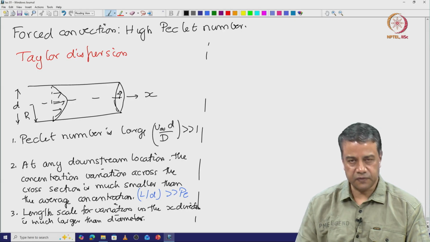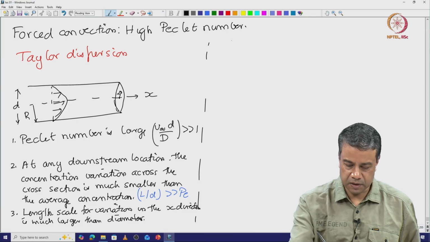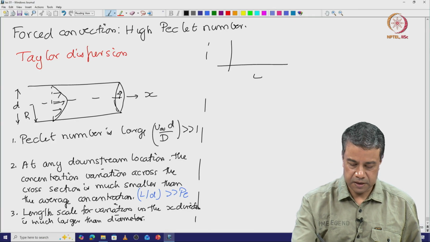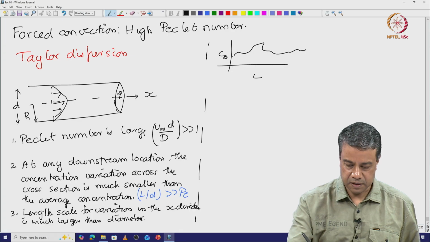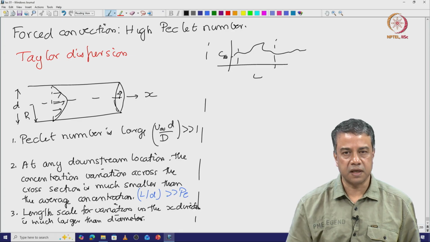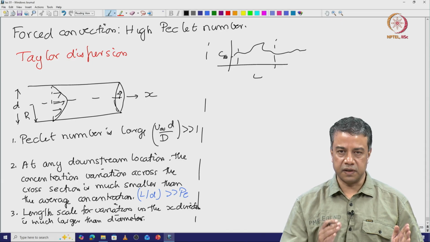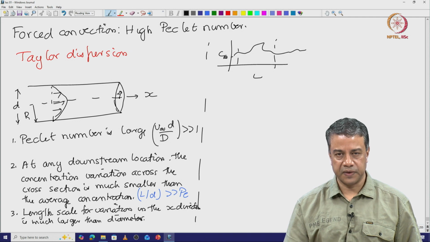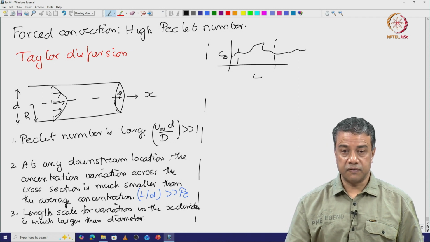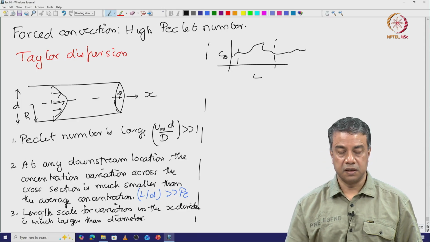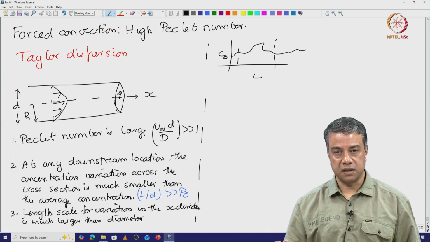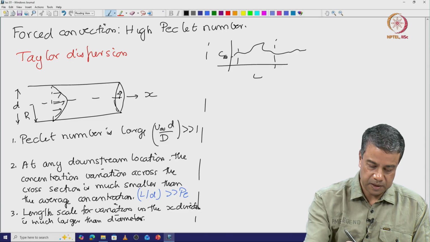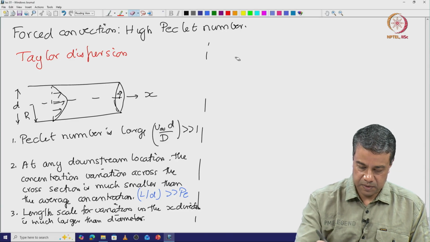If I plot the average concentration as a function of length, you get some variation. This length scale for the variation has to be much larger than the pipe diameter, that is, over a distance equivalent to the pipe diameter, there is not that much concentration variation. So, this implies that the derivative of the concentration with respect to radius will always be much larger than the derivative with respect to length, because the length scale over which the concentration is varying is much larger than the pipe diameter. So, that is the other assumption that is made.